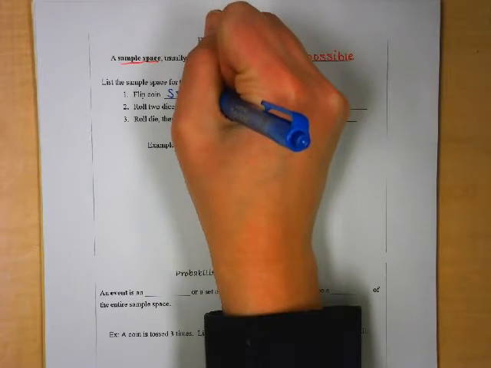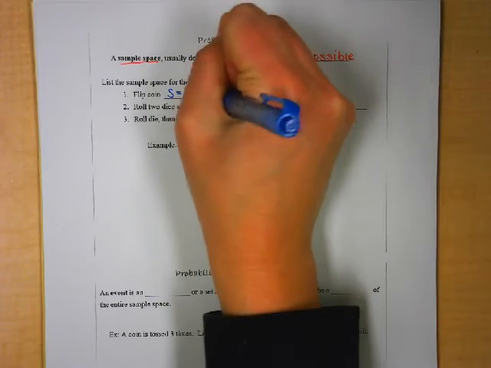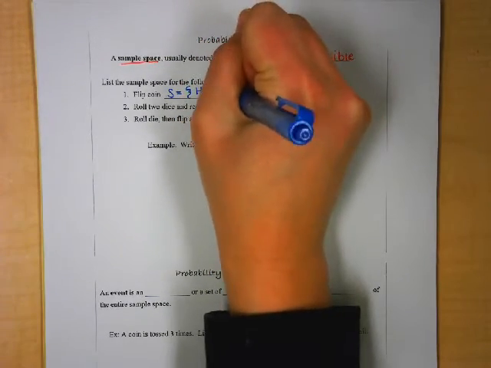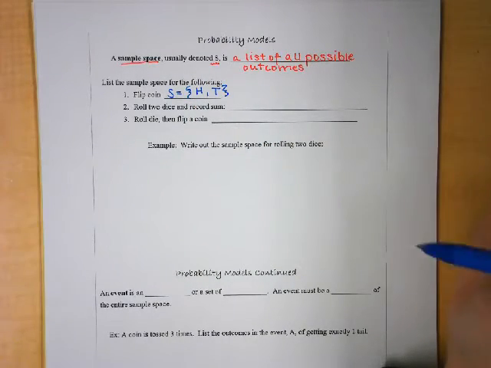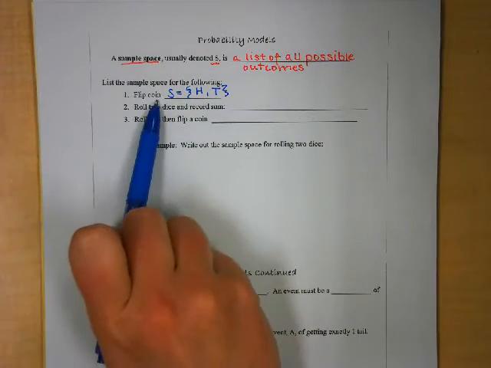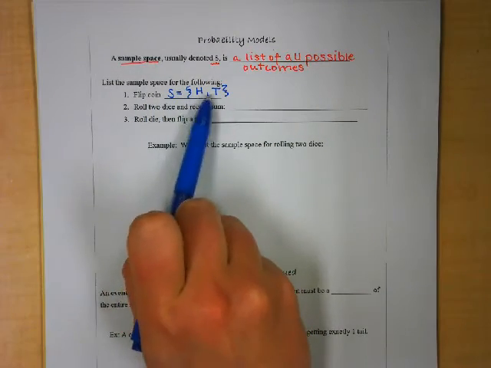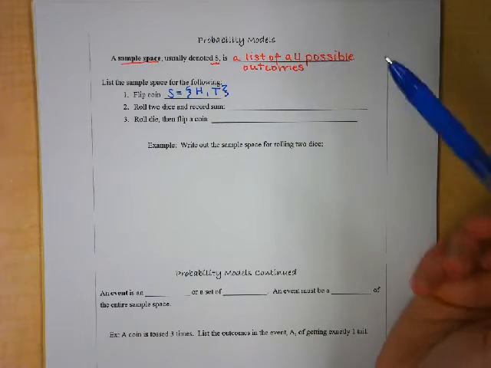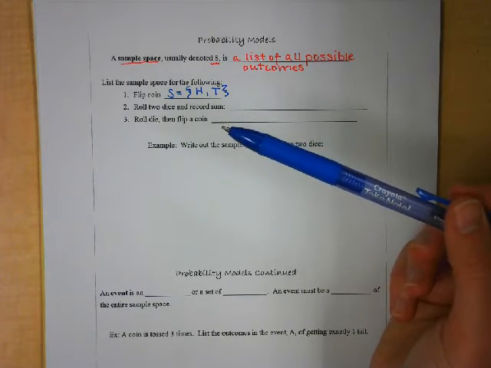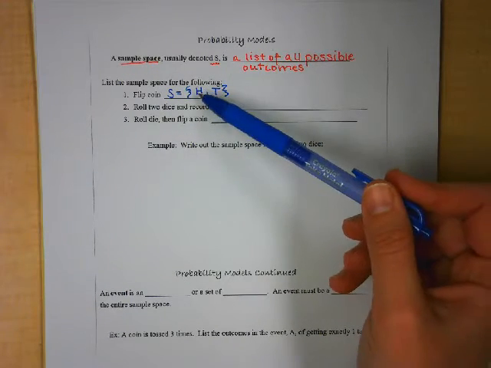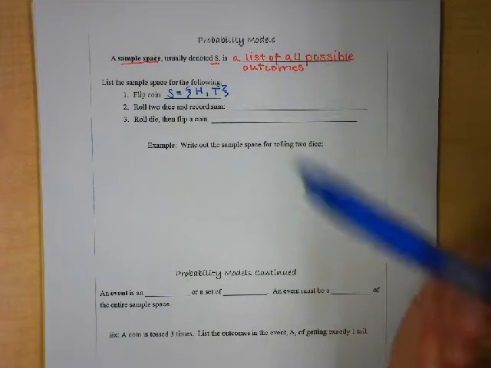If you want to use H for heads and T for tails, that's obvious what those mean because we're looking at flipping a coin. You don't have to explain them to me. So if I flip one coin, there's only 2 outcomes, heads or tails.